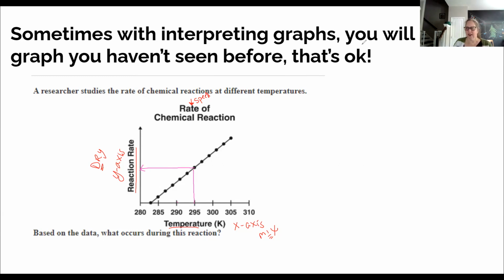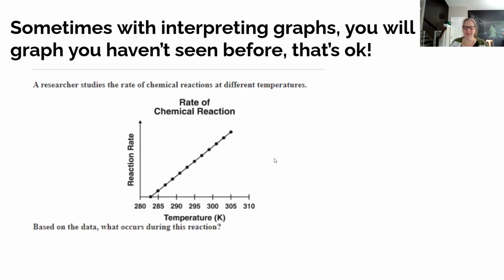If we increase the temperature to 305, then we have a higher reaction rate. As the temperature increases, our reaction rate increases. This one is probably not directly proportional, but we need a little bit more data before we could answer that question. So just take your time if you get a graph, and have a great day.